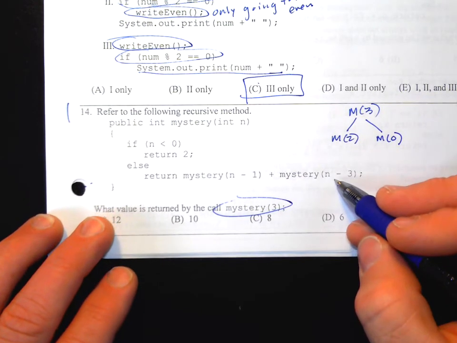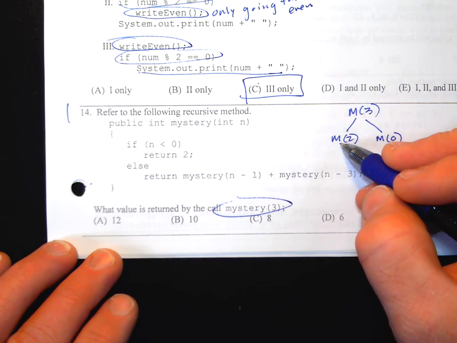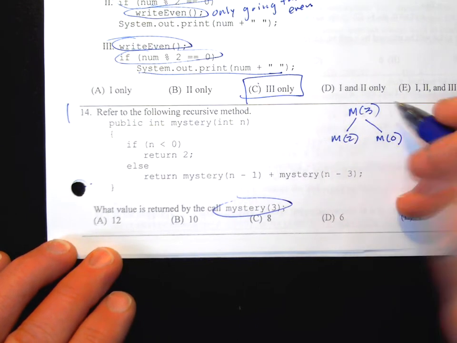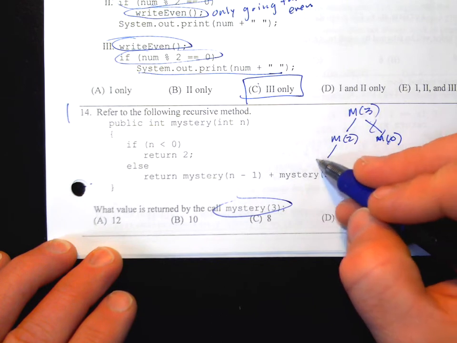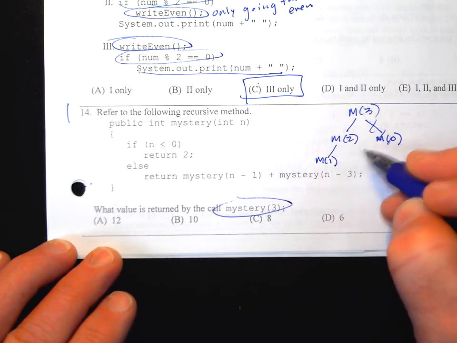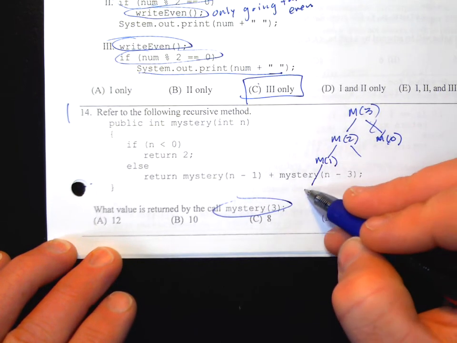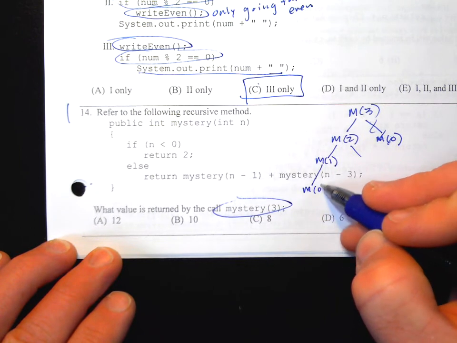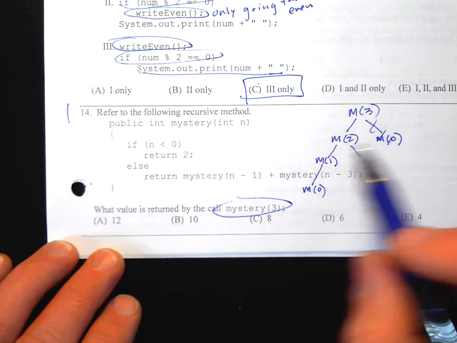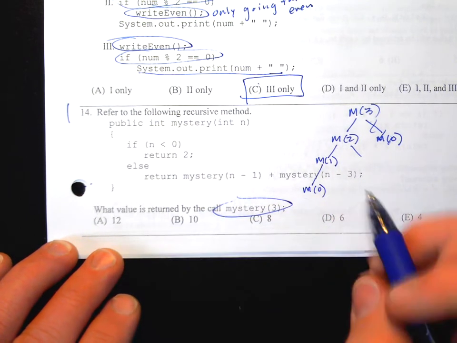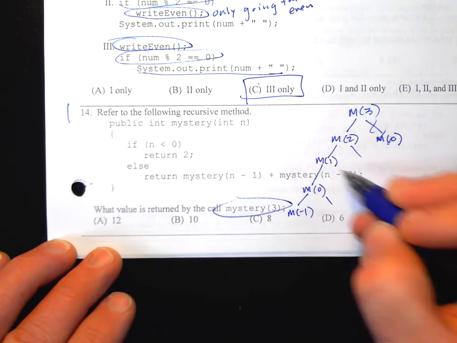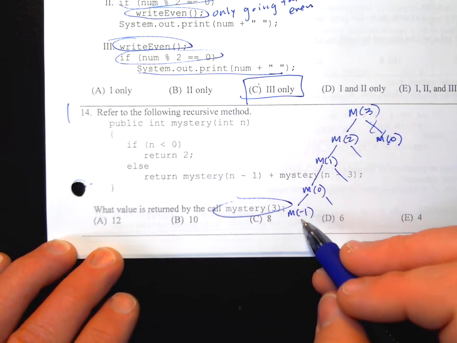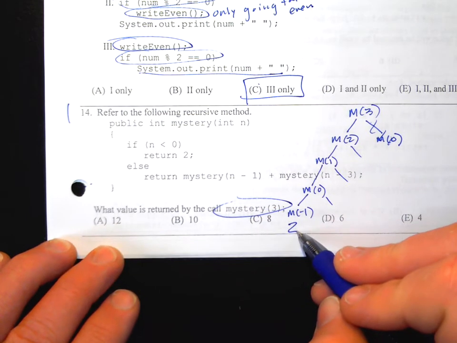Mystery 2 is actually the first one, because this hasn't even happened yet. Mystery 2 gets called, and then it calls mystery 1, and then that calls mystery 0. And n is not less than 0 yet, so this calls mystery -1. Once we get there, it returns a 2. Now we're going to add these.